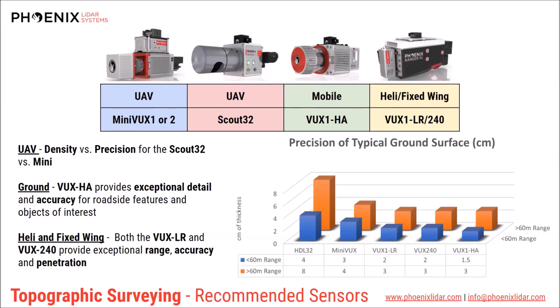And once again, for the helicopter or fixed wing approach, our VUX-1LR offers flexibility of platform, being able to use it on a UAV or mobile acquisition, which is fantastic for flexibility, but the VUX-240 really provides exceptional range and exceptional penetration and accuracy at nearly any normal range.